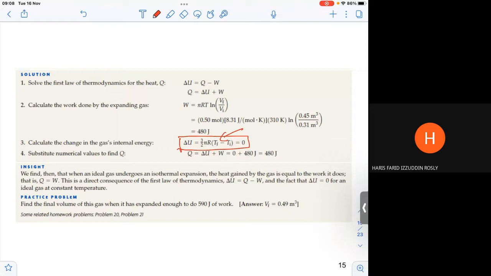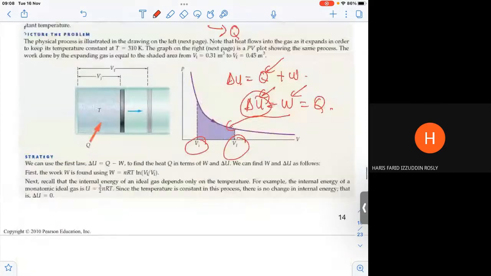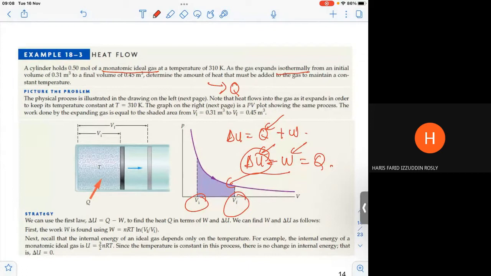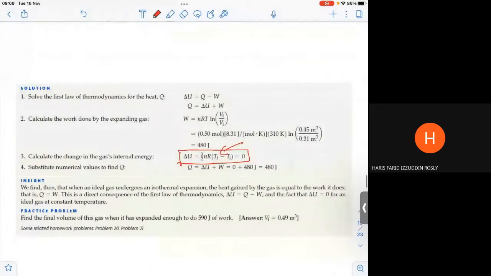I want to highlight that the delta U here is calculated for the isothermal part. If the question is about a monoatomic ideal gas in another thermal process, maybe you can calculate it. But in the isothermal, because the temperature is the same, there is no change in temperature, so delta U will be 0.